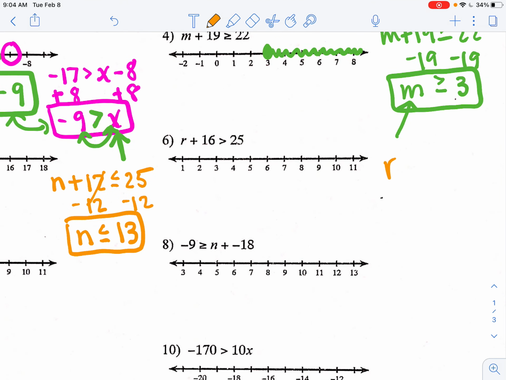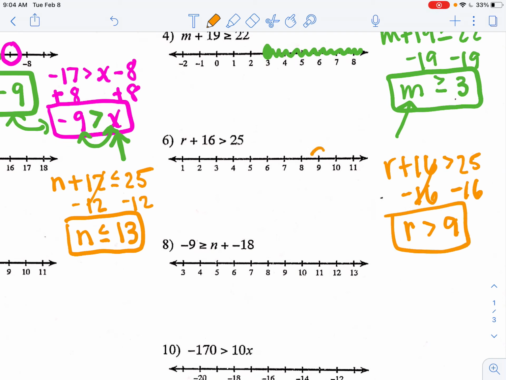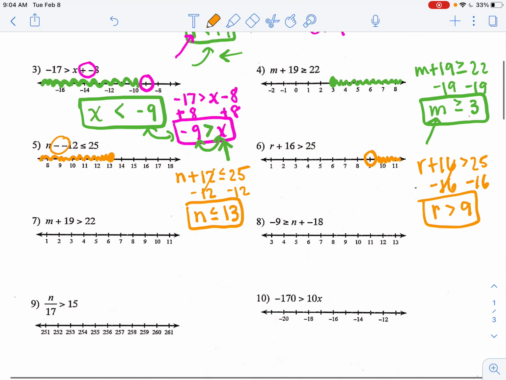Number 6 is r plus 16 is greater than 25. Minus the 16 from both sides, and r is greater than 9. That is an open circle on 9, and you can shade to the right on this one. You want r to be bigger than 9, that's on the right side of 9.